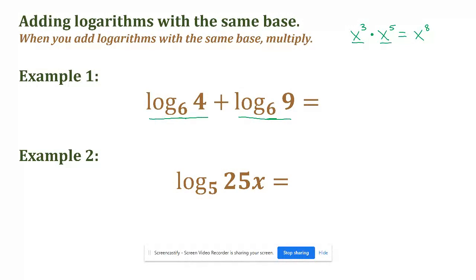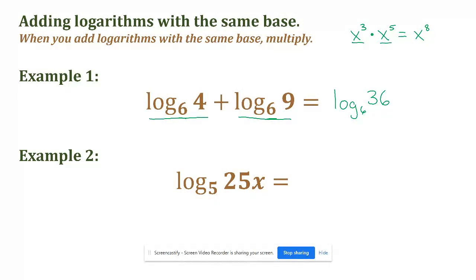So to combine these logs, you're going to keep it as log base 6, but you're going to multiply the 4 and the 9. With exponents, multiplication means add the exponents together. With logarithms, which are the inverse of exponents, addition means multiply your numbers together.